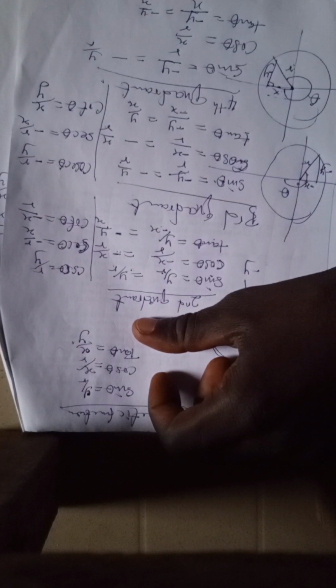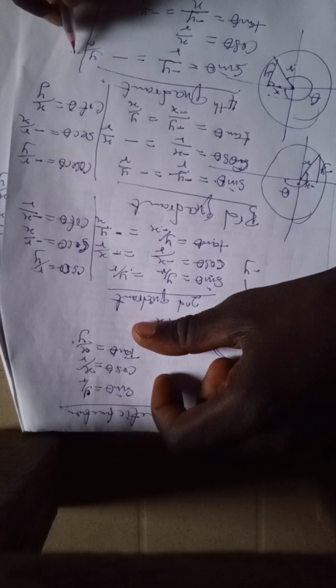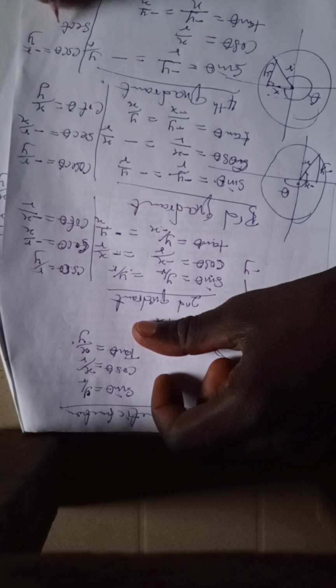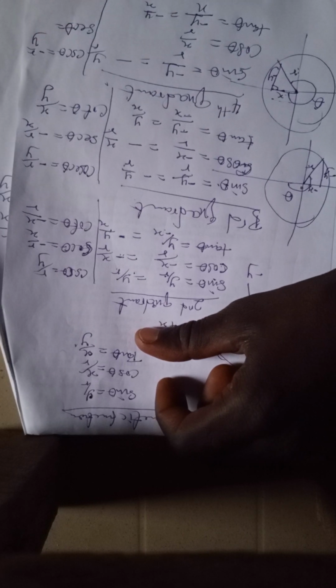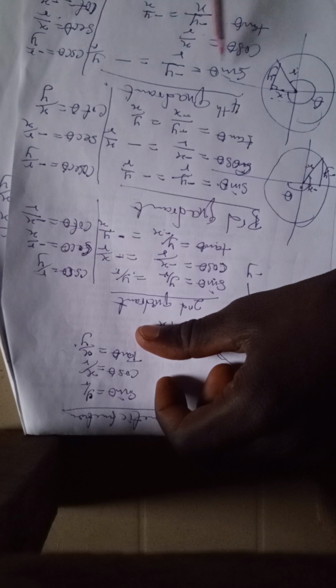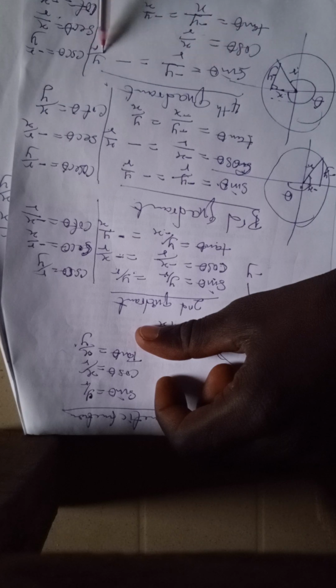Looking at the other functions, cosec theta is minus r over y, sec theta is r over x, and cot theta is minus x over y. So in the fourth quadrant, sine theta is negative, cos theta is positive, and tan theta is negative.